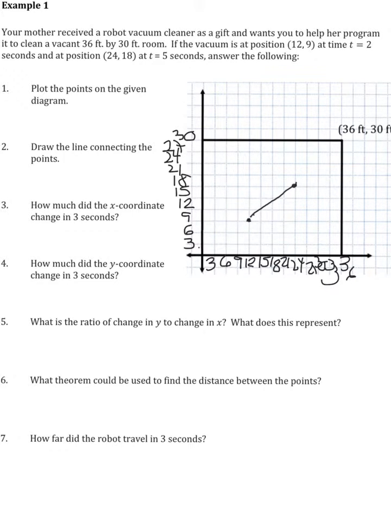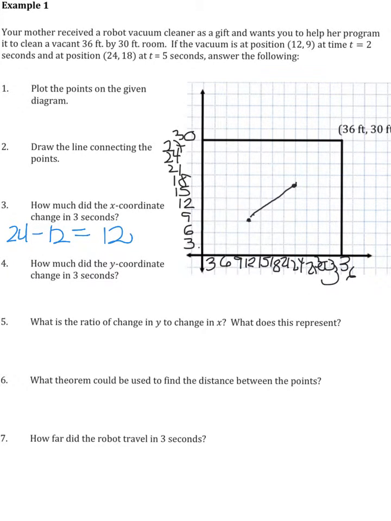So keep in mind that the vacuum is at position (12, 9) at time t equals 2 seconds and at position (24, 18) at 5 seconds. So the difference between 5 and 2 is 3 seconds. So they want to know the difference in the x-coordinate. So all I'm going to do is take 24 and subtract 12 and get a difference of 12.